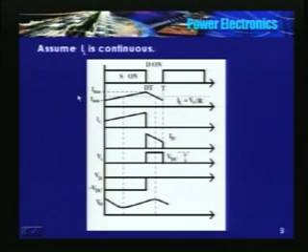So, the capacitor will start charging if the inductor current is higher than the load current I naught, which is equal to V naught by R. Please don't get confused here.